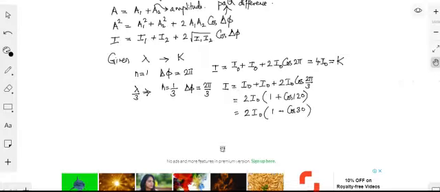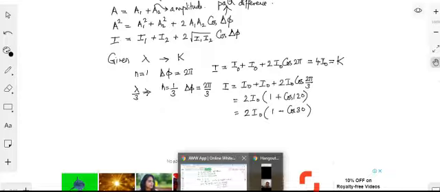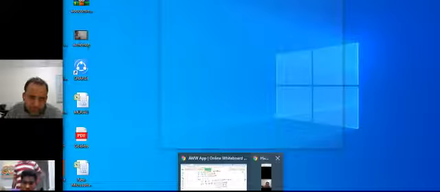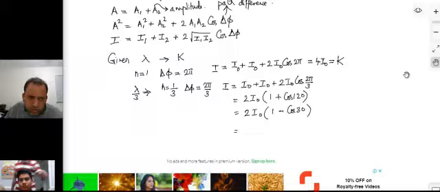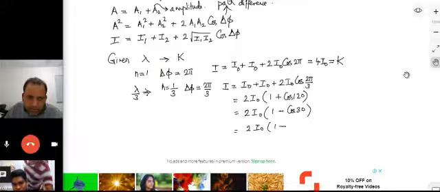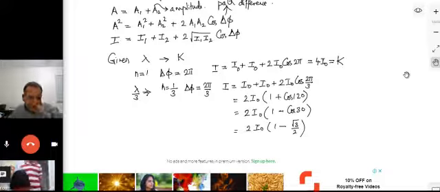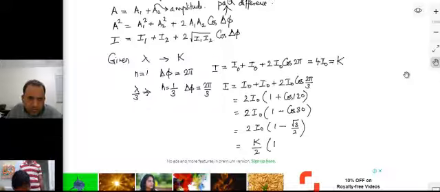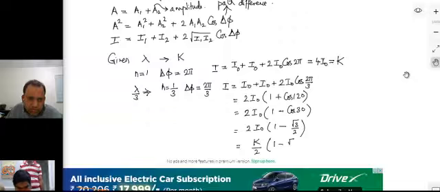And cosine 60 is sine 30, so that's 1 over 2. So 2 I naught times 1 minus 1 over 2. But we know 4 I naught is K, so that's equal to K over 2 times 1 minus root 3 over 2.